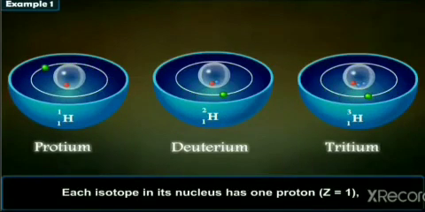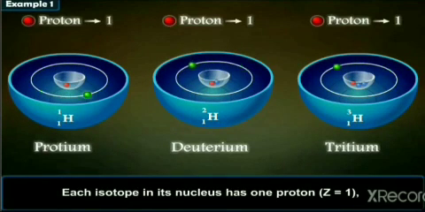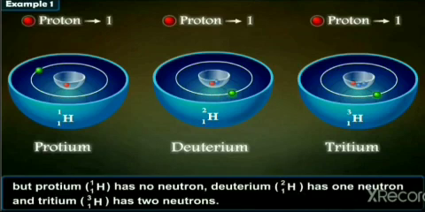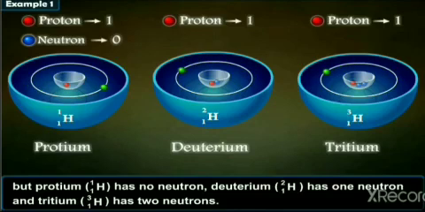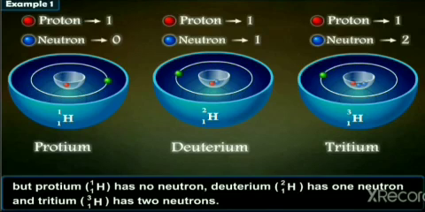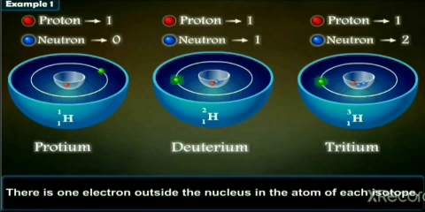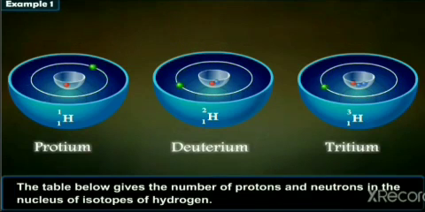Each isotope in its nucleus has one proton, Z is equal to 1, but protium has no neutron, deuterium has 1 neutron, and tritium has 2 neutrons. There is 1 electron outside the nucleus in the atom of each isotope. The table below gives the number of protons and neutrons in the nucleus of isotopes of hydrogen.